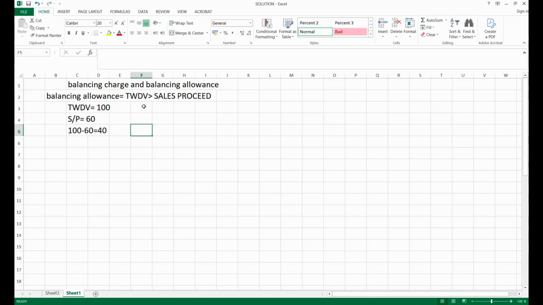This balancing allowance is an additional allowance that is claimable by the taxpayer. It is an additional allowance that will be added to your total capital allowance. What that means is that our total capital allowance will be the addition of initial allowance plus annual allowance plus investment allowance plus balancing allowance.